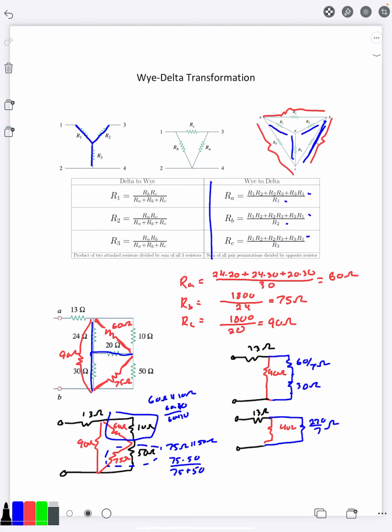And when I do that in parallel here, let's see here.